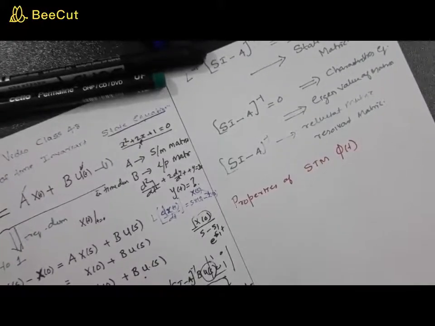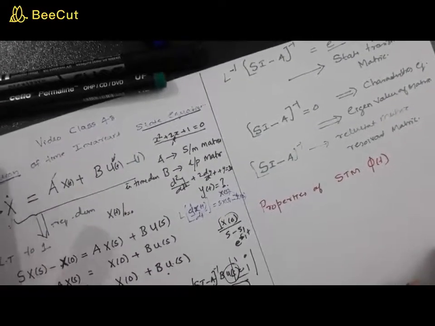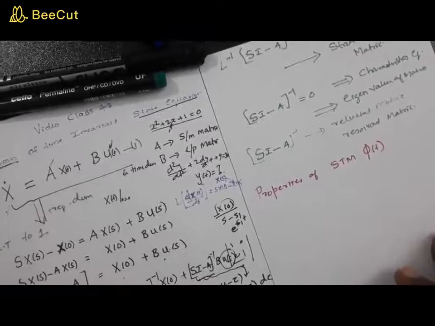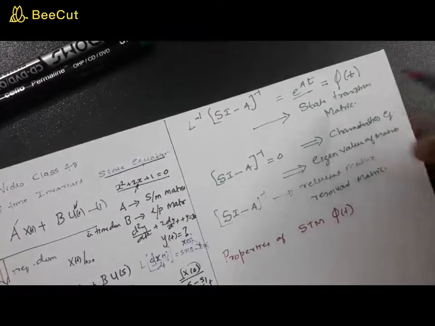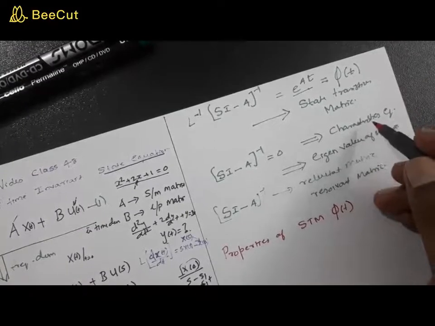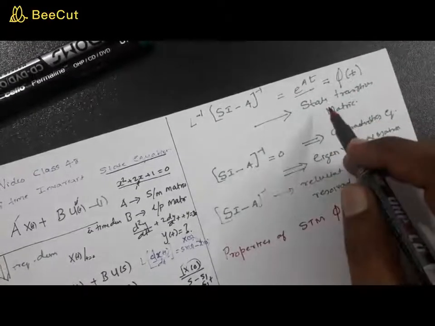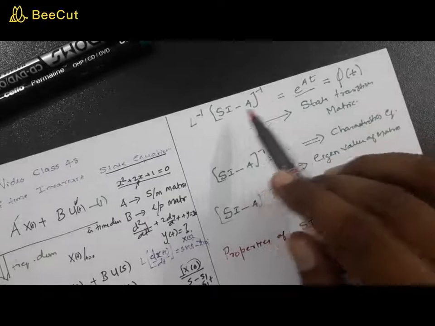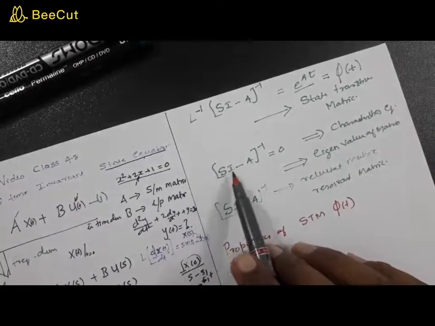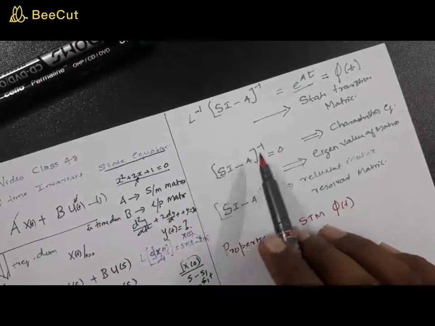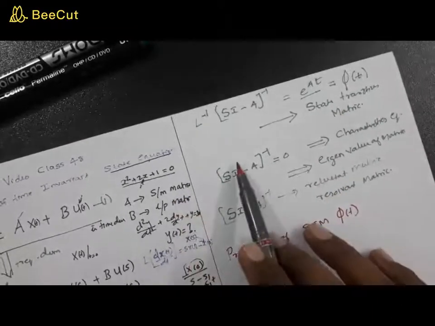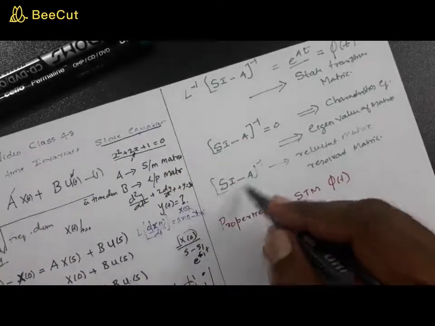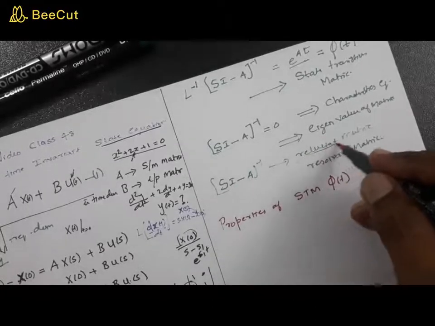So we started with the solution of the state equation. From the solution we have defined what is called the state transition matrix, and also defined the characteristic equation. So do remember, sI minus A inverse is not the state transition matrix, it is called the resolvent matrix.